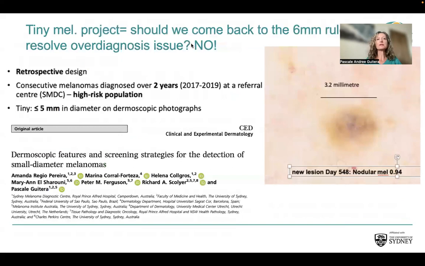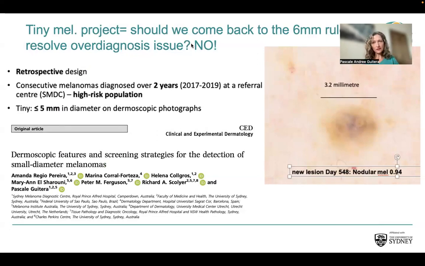So let's come back to this question of small melanoma and if we should come back to this 6 mm rule. Because of that, we've chosen arbitrarily to have a look at all our melanoma in the last 2 years, on a retrospective design, that were less than or equal to 5 mm.